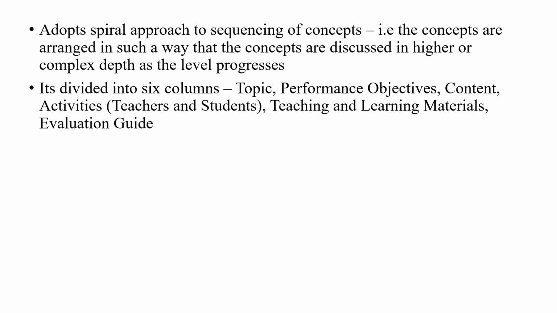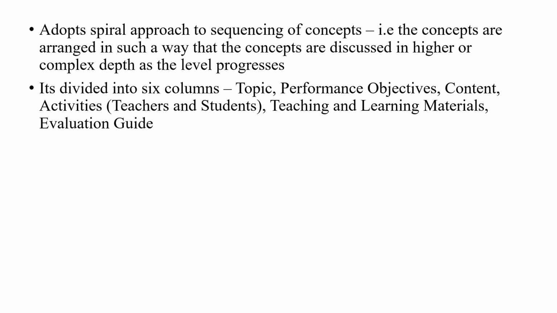Now, the curriculum is divided into six columns, six different divisions. The first column is topic, the next one is performance objectives, the next one is content, while the fourth one is activities. That column is divided into two again: you have teachers' activities as well as students' activities.